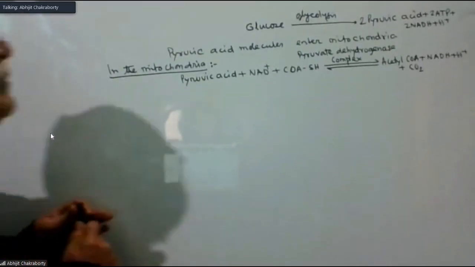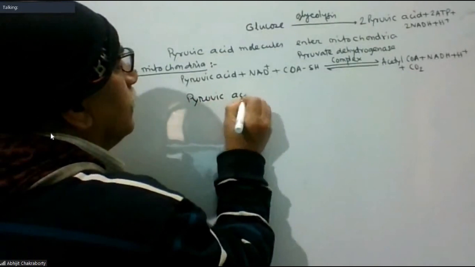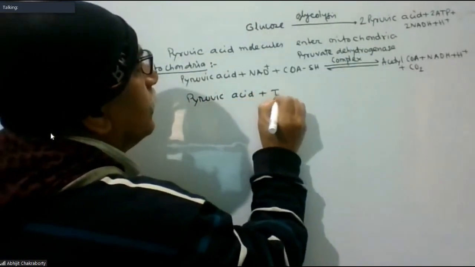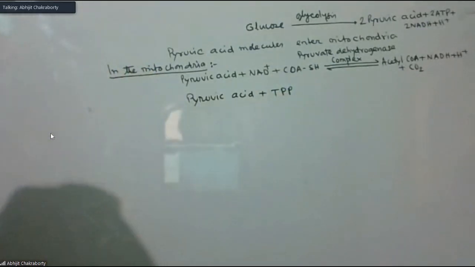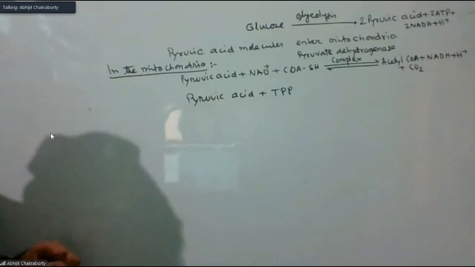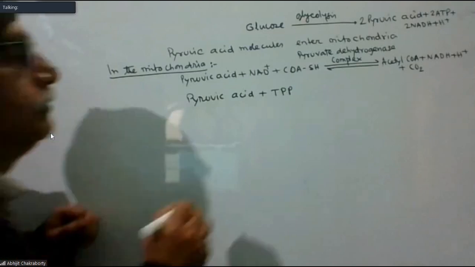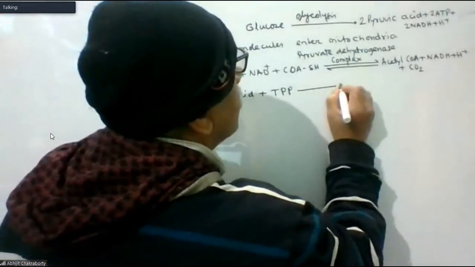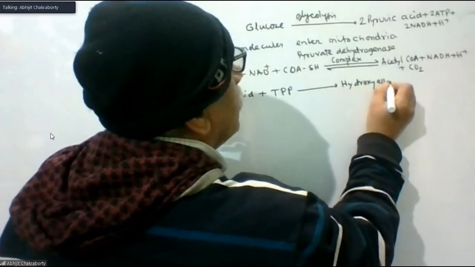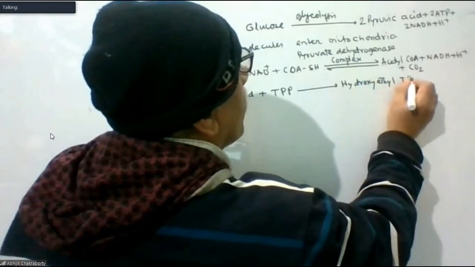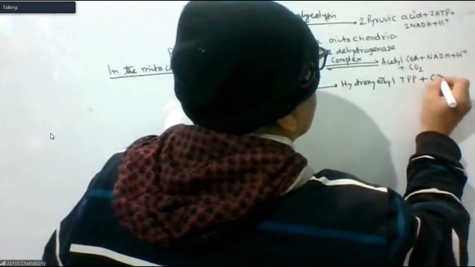First of all, pyruvic acid plus TPP, thiamine pyrophosphate, forming hydroxyethyl TPP with the release of carbon dioxide.